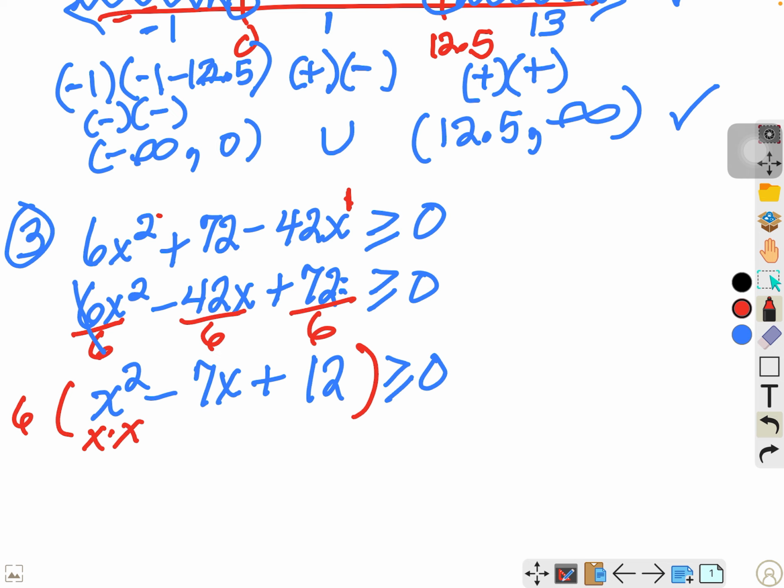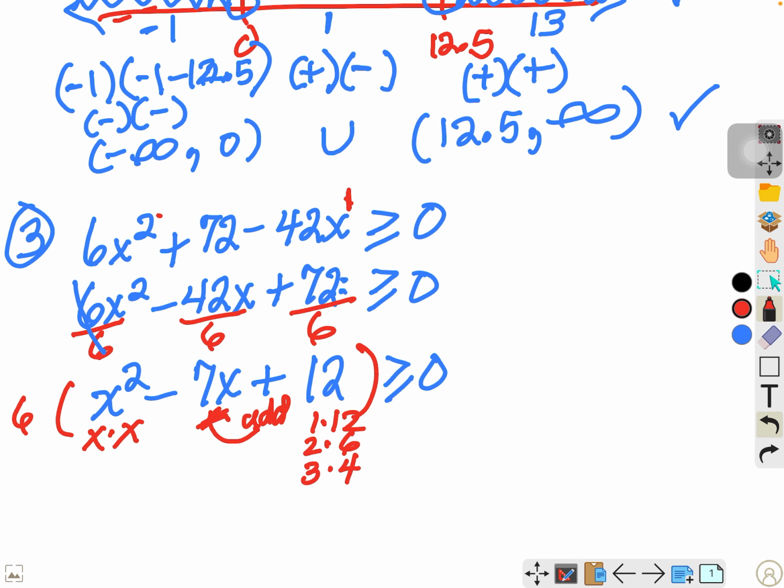And for the last term I have choices 1 times 12, 2 times 6, and 3 times 4. Using my sign rules, I'm looking for these pairs of factors that add to 7, okay?